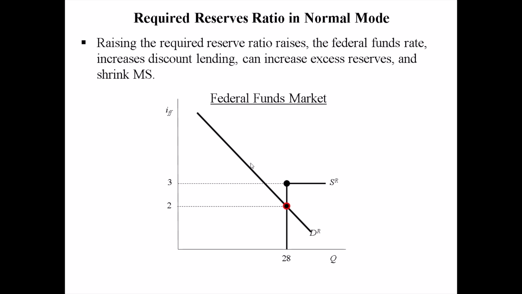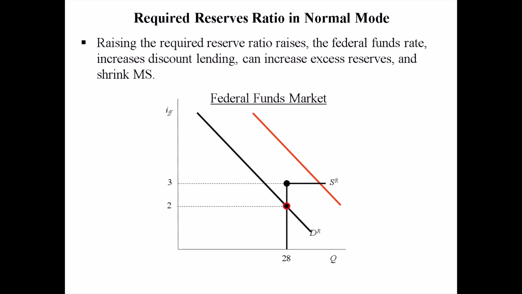What about changing the required reserves ratio in normal mode? When you change the required reserves ratio, in our model of demand, you change the value of the intercept, because part of the intercept is the quantity of required reserves, the required reserves ratio times the quantity of demand deposits, right?